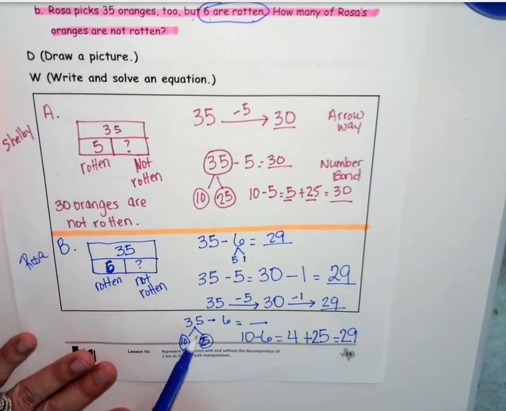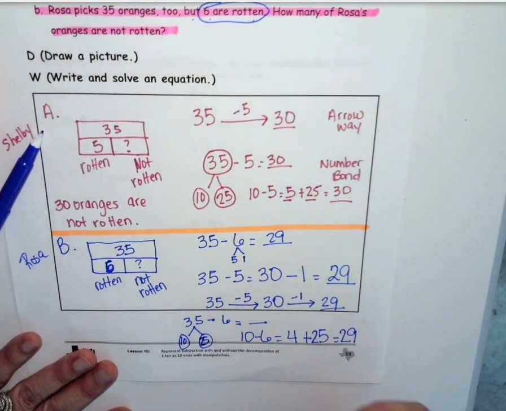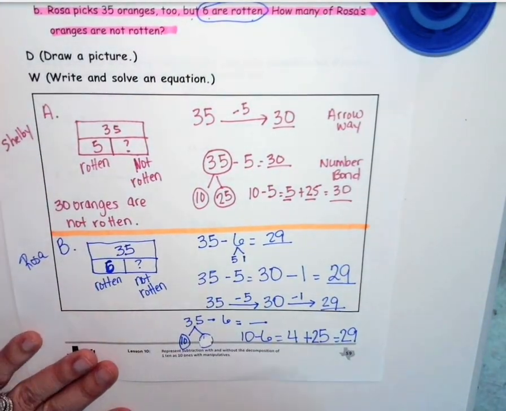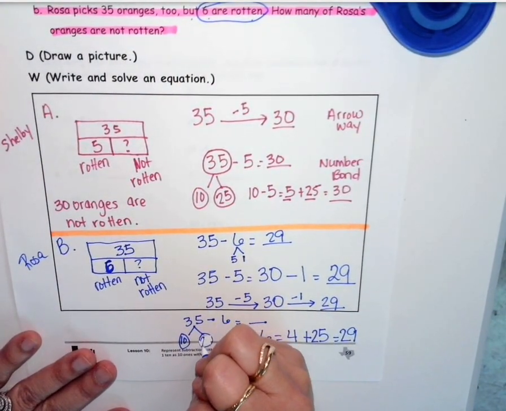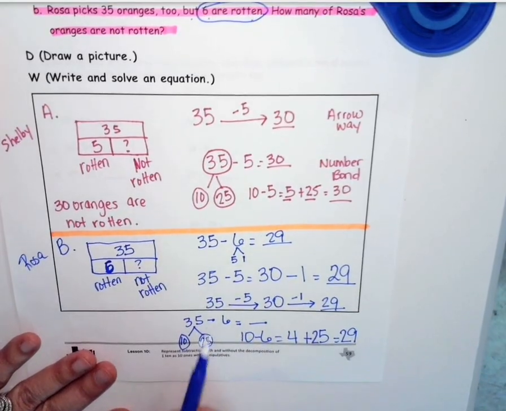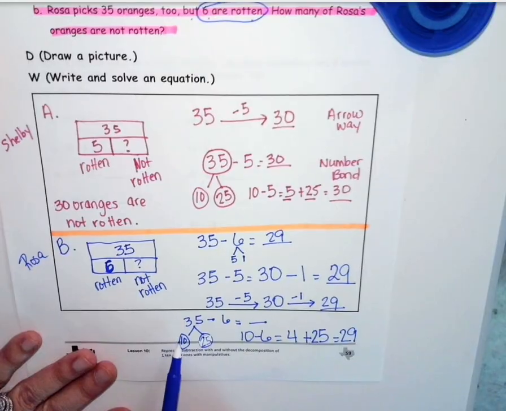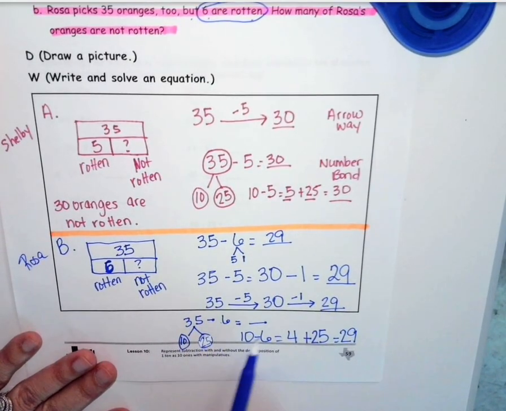I'm sorry, your number bond here should have been what? When you decompose 35, what is it, kids? 25. Take 10 and you have 25 left. Then you did, Cairo, go to the restroom. 10 minus 6. How much is 10 minus 6? 4. Now add the rest of your number bond.